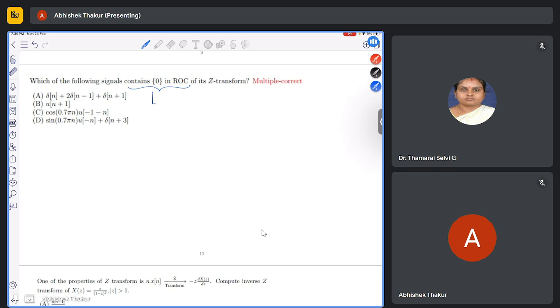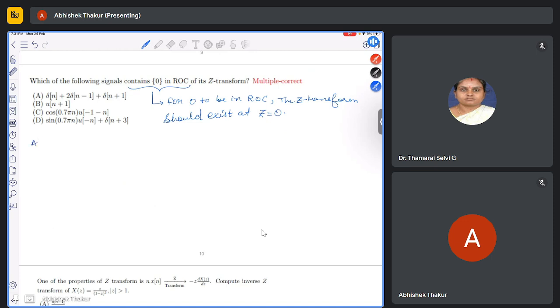Contains 0 in ROC. So for 0 to be in the ROC, the Z transform should exist at z equal to 0.